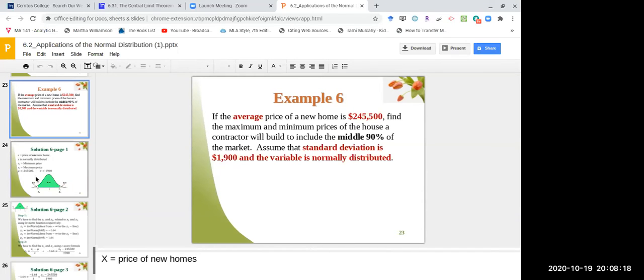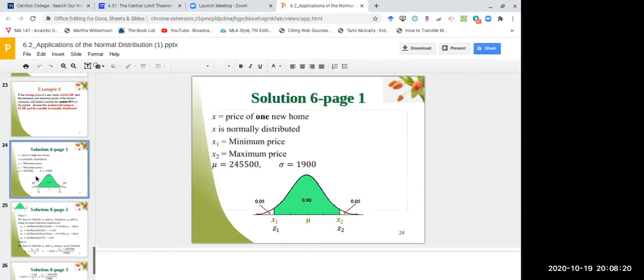Now, this middle 90, most people go, how could it be the middle 90 when 90% is not the middle, obviously? What they mean is that we're going to split the distribution so that 90% is between our divisions, and the rest is in the tails. So in order to split this evenly, you have to think of 90% total, but half of it in each side.